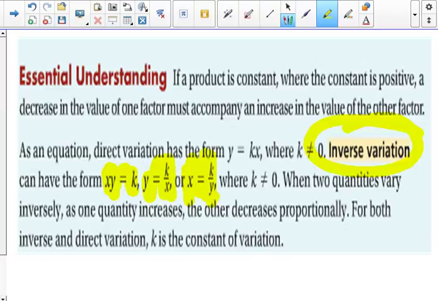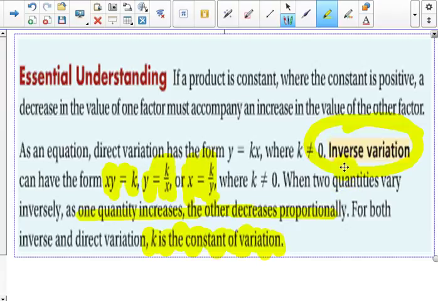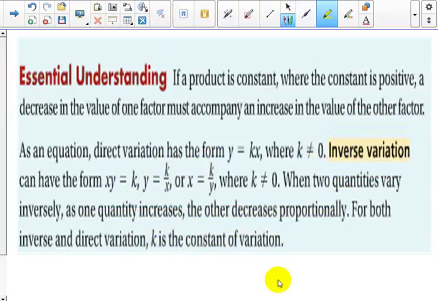When two quantities vary inversely, as one quantity increases, the other decreases proportionally. So they're related by that k value, that constant of variation. For both inverse and direct variation, k is our constant of variation. That is what we worked on in Algebra 1 and first semester, direct variation, y equals kx. But in all of these, k is your constant of variation.